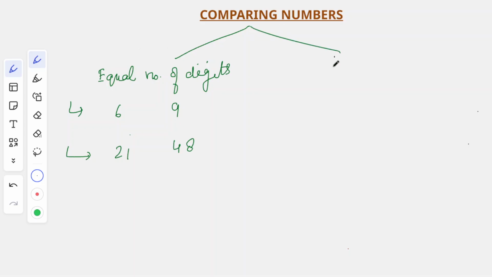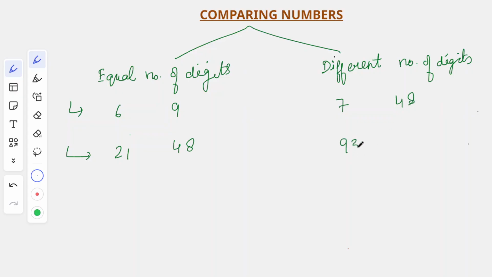Another situation that you may come across is that numbers may have different number of digits. Like you are comparing 7 and 48.